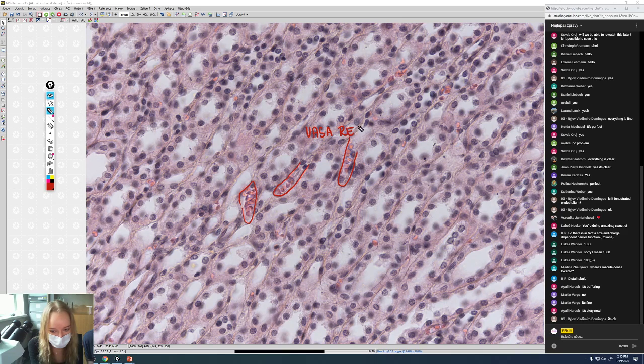They cooperate with them in the reabsorption of water and ions. And in this slide, we can distinguish them clearly and without any problem, as they have erythrocytes inside. But some slides don't have so much blood inside, so then this recognition isn't so easy.